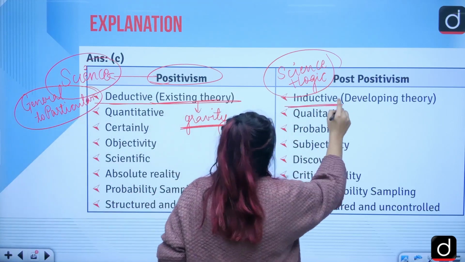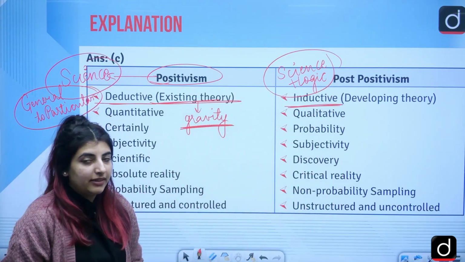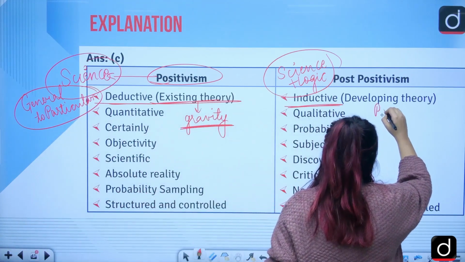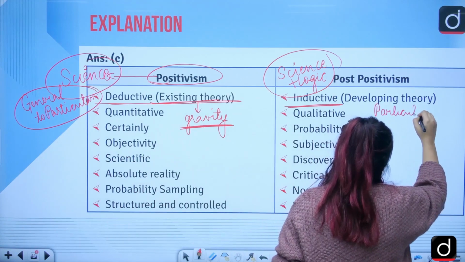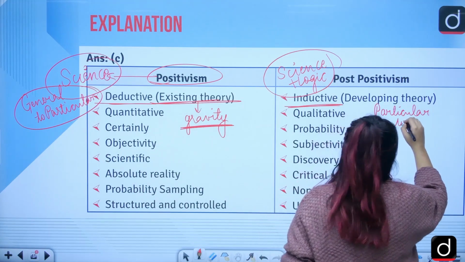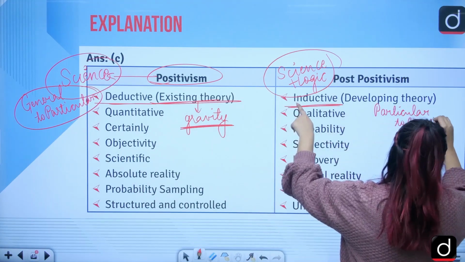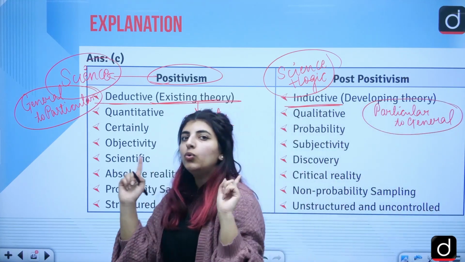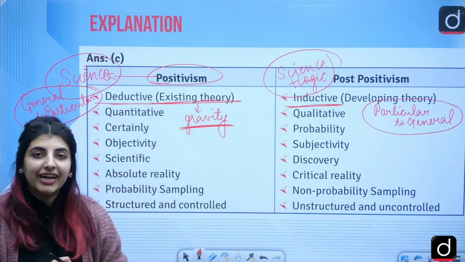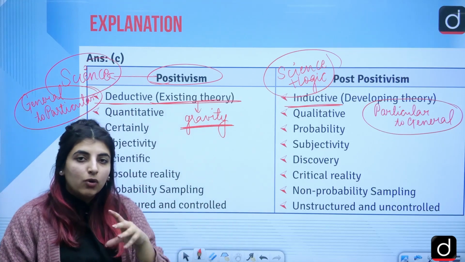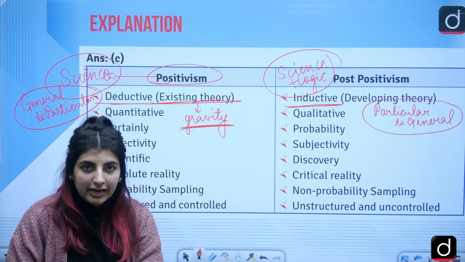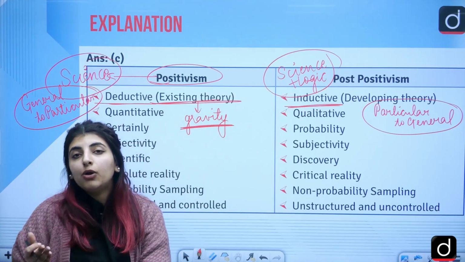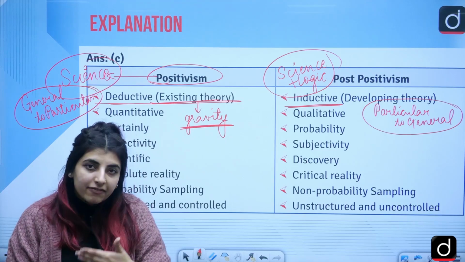On the other hand, if we talk about the post-positivist theory, it tries to develop certain things. So from particular to general, hence it is inductive in nature, because we are moving from one thing to the general sphere. If I see that two ducks come to my front yard every day in the summers, I observe the pattern that yes, every summer they come.